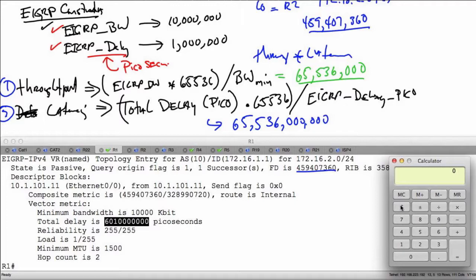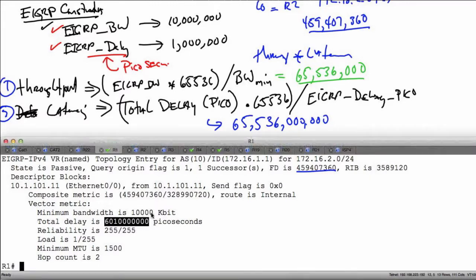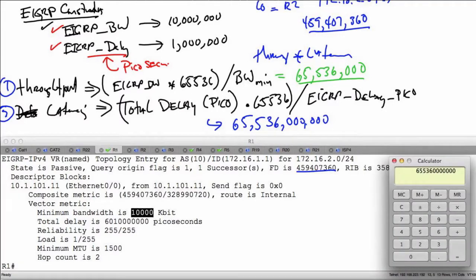Let's just double check our math here. We have our EIGRP_bandwidth, which is 10 million, times 65536, divided by my minimum bandwidth, which was 10,000 kilobits.